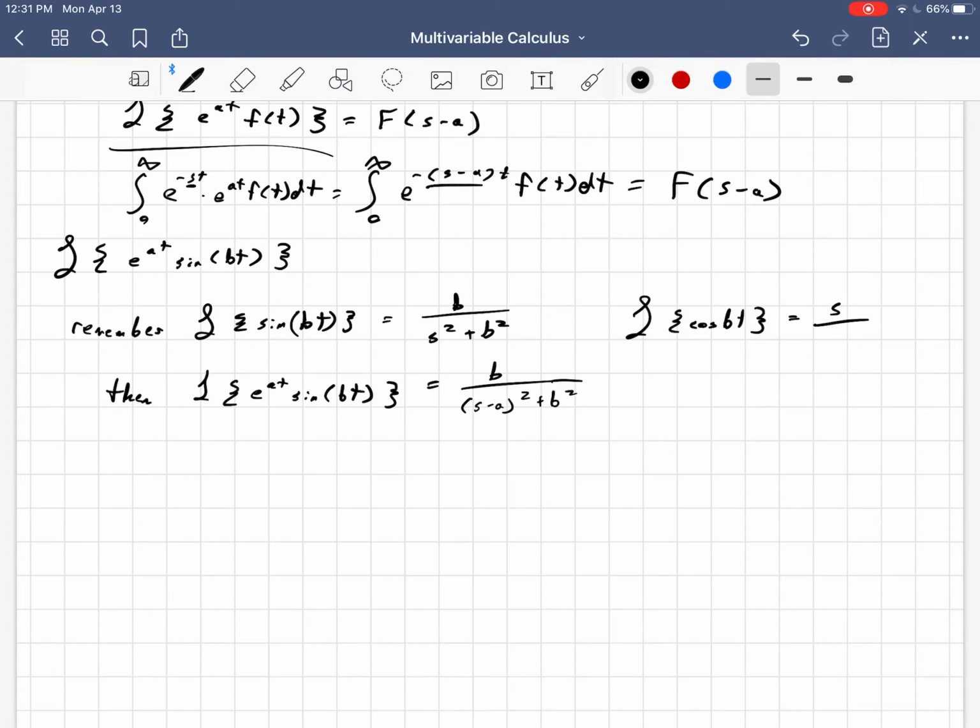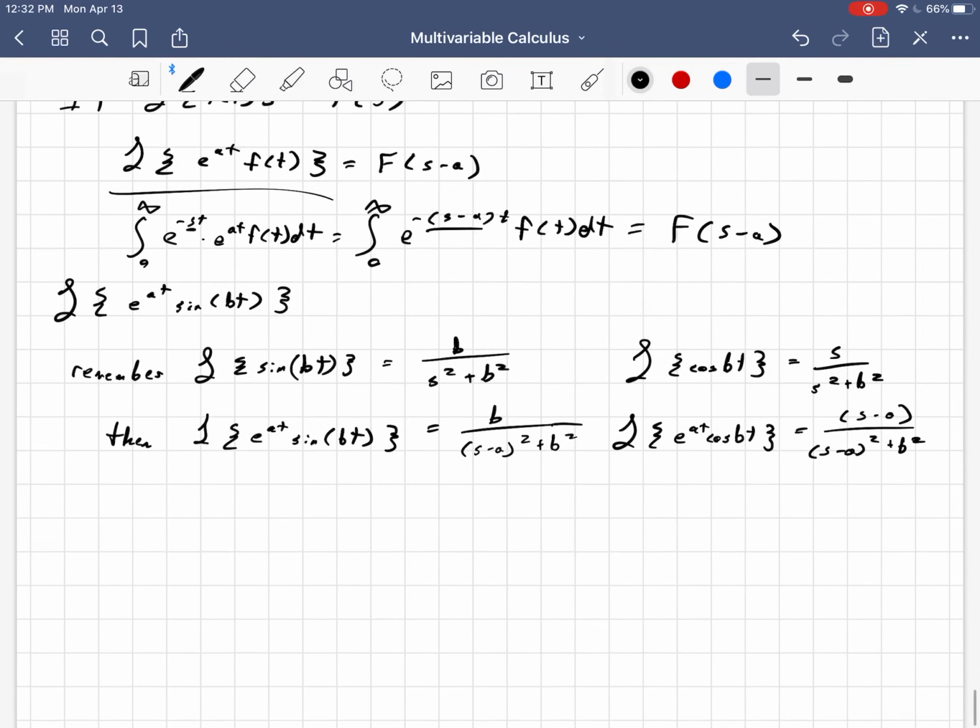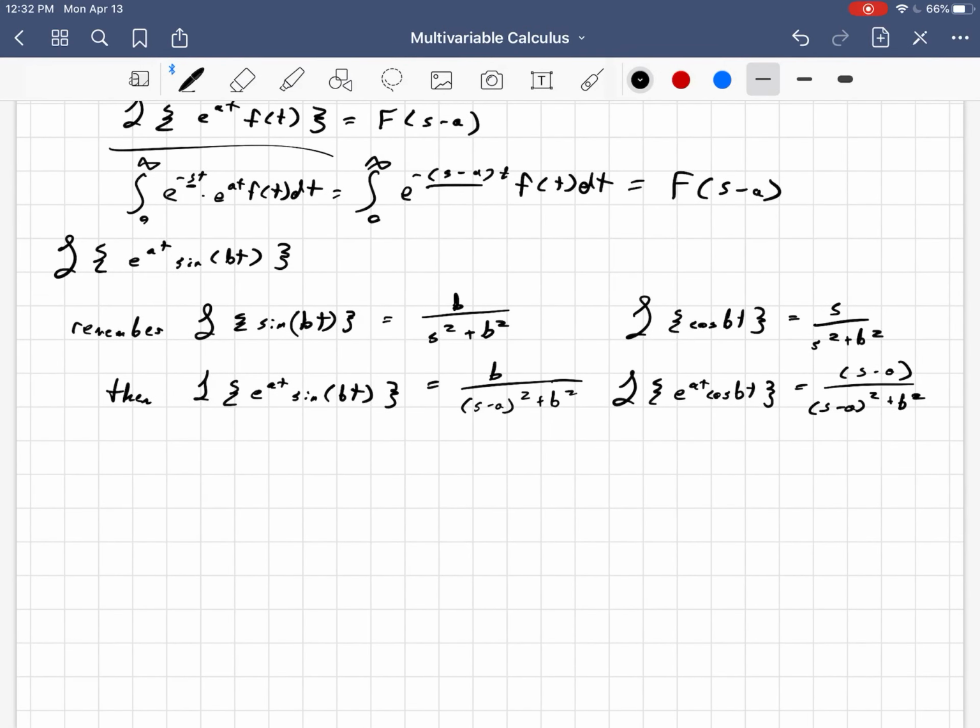And likewise, the Laplace transform of the cosine of bt is s over s squared plus b squared. And so that means the Laplace transform of e to the at times the cosine of bt is just (s minus a) over (s minus a) squared plus b squared.